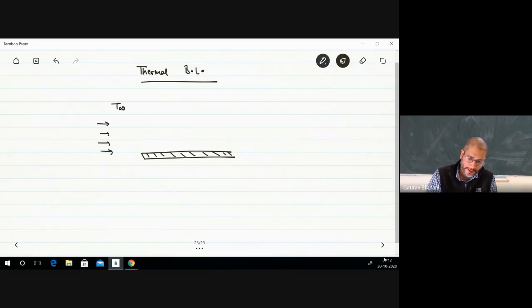This T infinity in this case is colder as compared to T surface, your surface temperature. The plate is hot. You're trying to cool it down by putting it in the path of the cold fluid.